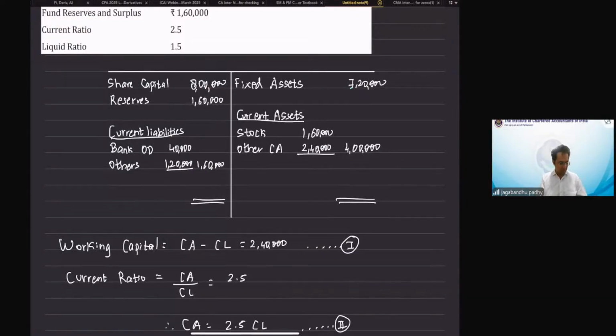Did you get this answer, guys? Yep. The balance sheet is telling us 11 lakh 20,000. Correct?